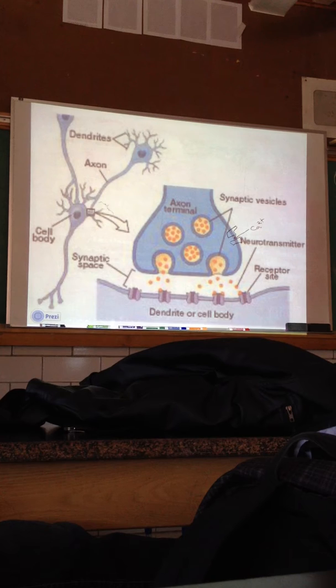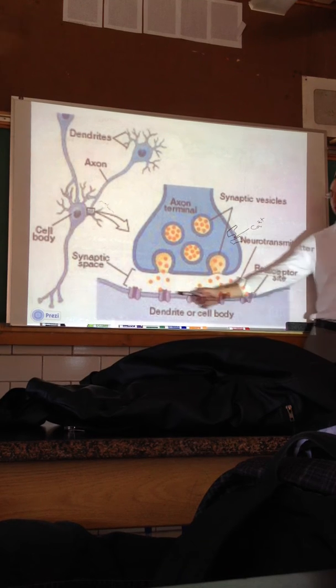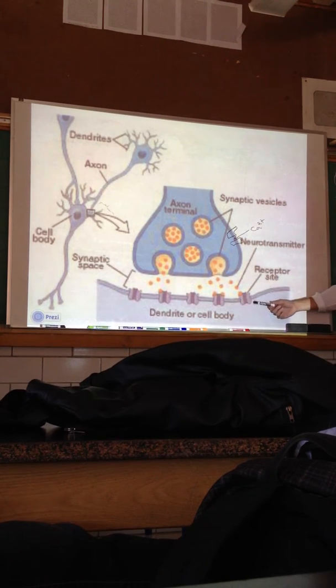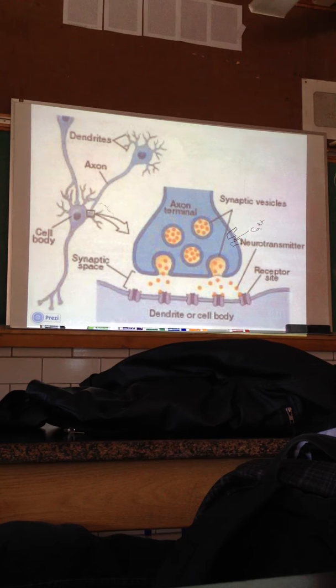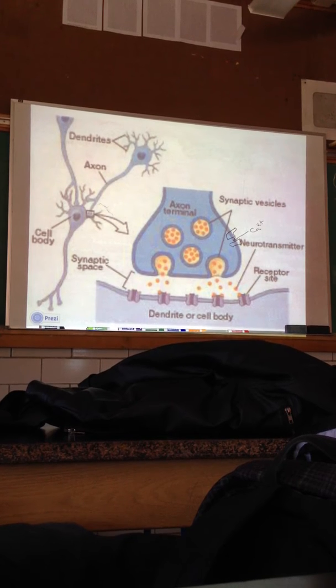No? All right, so step number 5. After diffusion of the neurotransmitters, they bind to receptors on the membrane of the postsynaptic neuron. So the neurotransmitters that have diffused across the synaptic gap bind to receptors on the postsynaptic neuron. This is in the dendrite of the postsynaptic neuron.